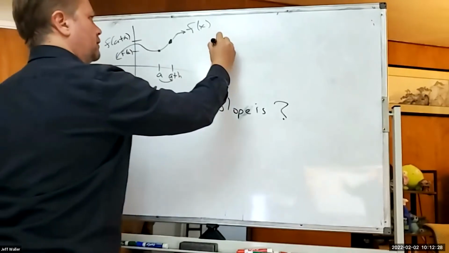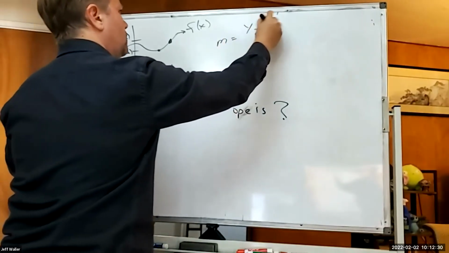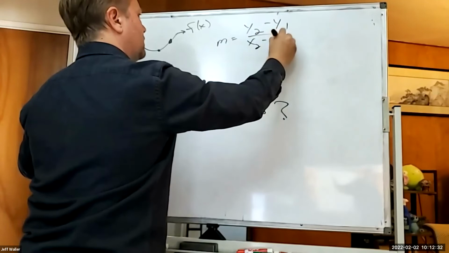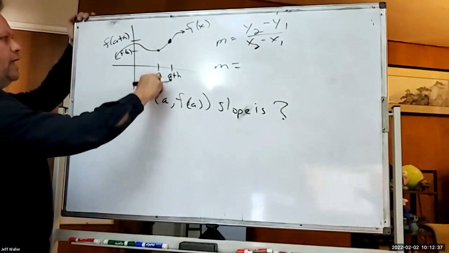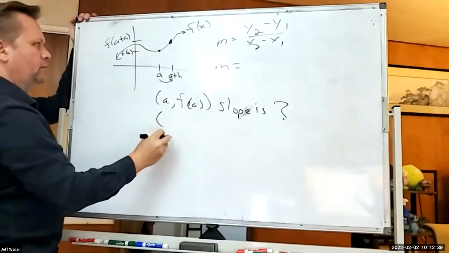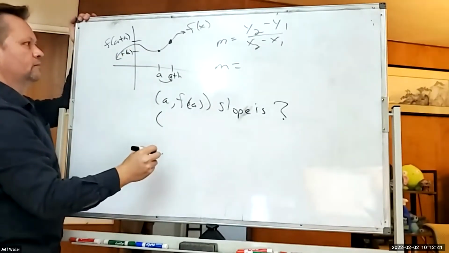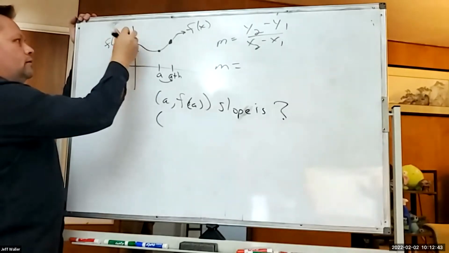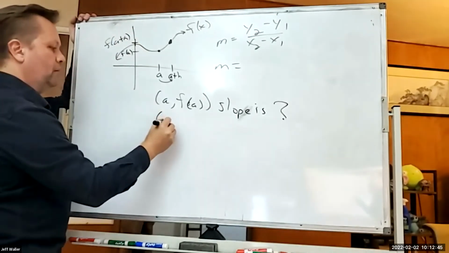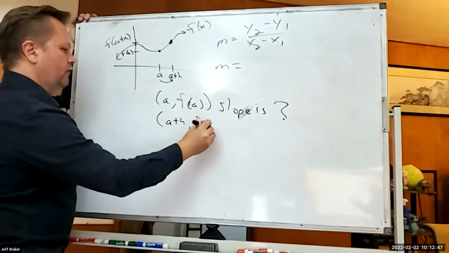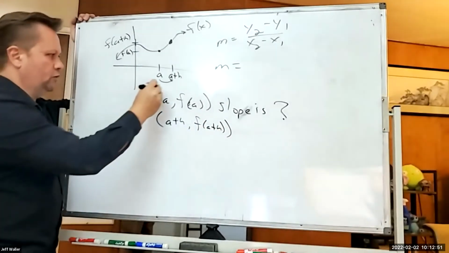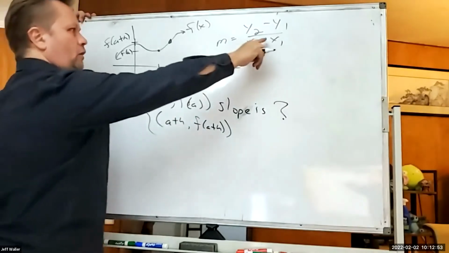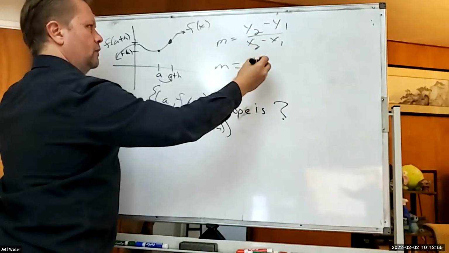So somebody help me out. The slope is y2 minus y1 over x2 minus x1, yes? What 2 points do I have up here? I've got A, f of A. What's the other point that I have? A plus H, f of A plus H. Yeah, A plus H is the input, and f of A plus H is the output. So I have these 2 points that I'm going to use. So what does this look like now?